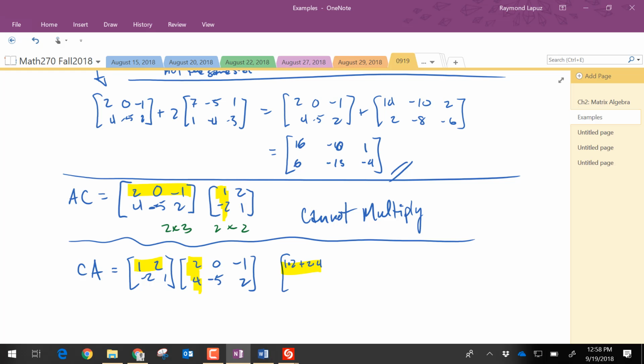And then you would take these two vectors, 1 times 0 plus 2 times negative 5.